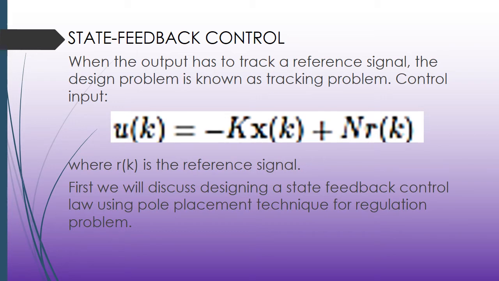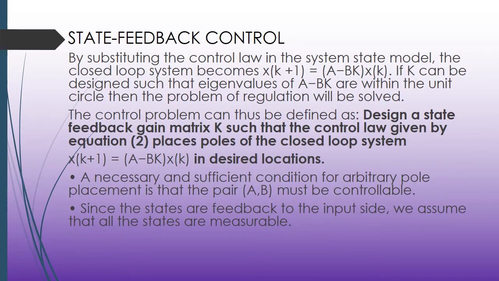Now we will discuss designing a state feedback control law using the pole placement technique for the regulation problem. By substituting the law in the system state model, the closed loop system becomes x of (k plus 1) equals (A minus BK) x of k.